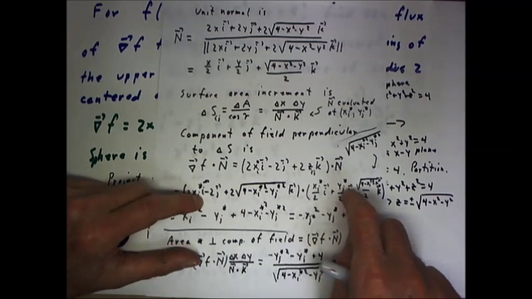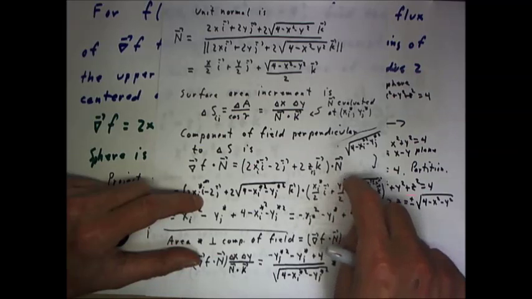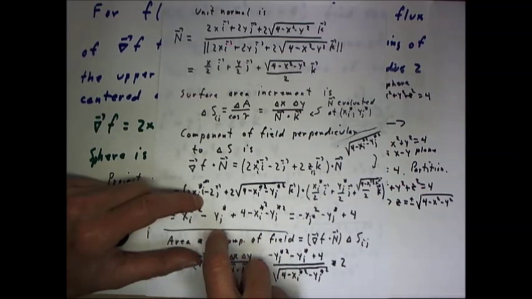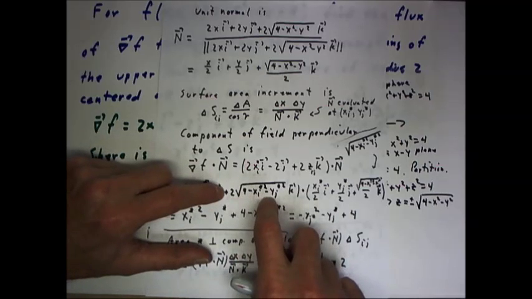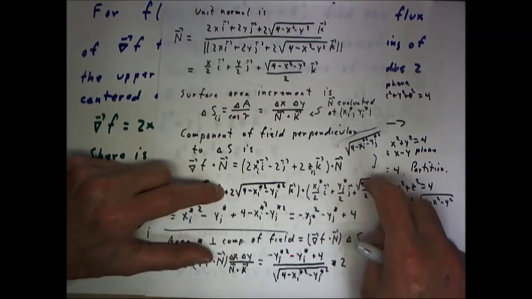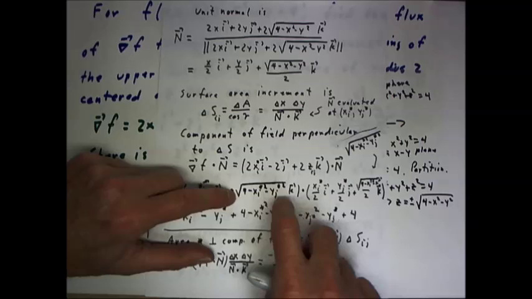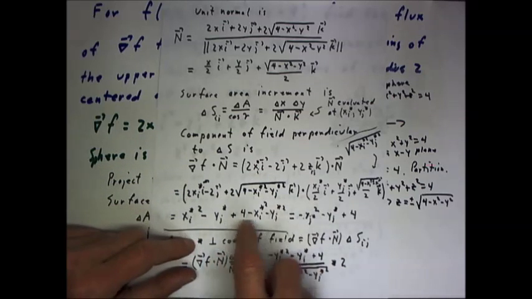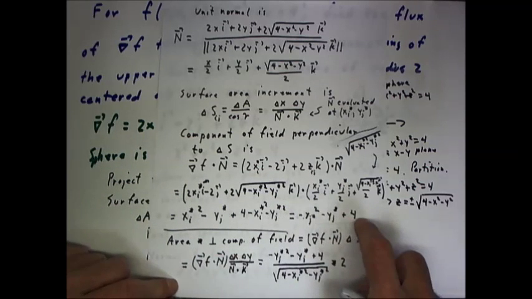The negative 2 j with the yj star over 2 gives us the negative yj star squared. And the 2 times the square root with the same square root divided by 2 just gives us the expression inside the square root, and we combine terms and we get this expression.